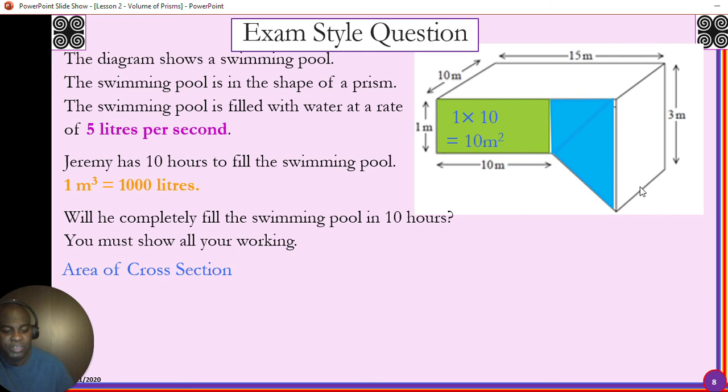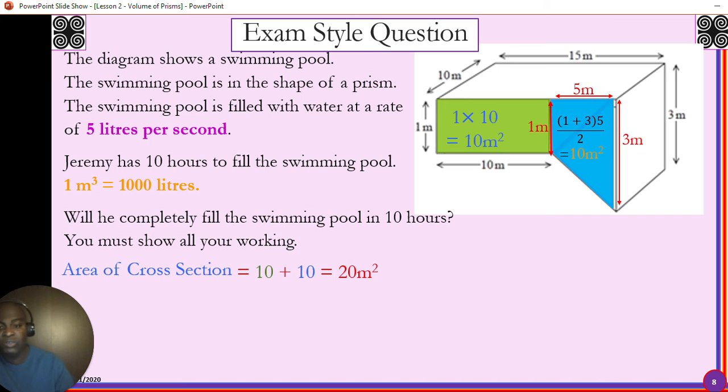Now that's a trapezium. Let's get the dimensions right. So the dimensions are 1 meter on this side, 3 meters, as you can see. But this side is 5 meters because 15 minus 10 gives me that. So the area of the trapezium, using A plus B times height divided by 2, also gives us 10 meters square. So total cross section is equal to 20 meters square.